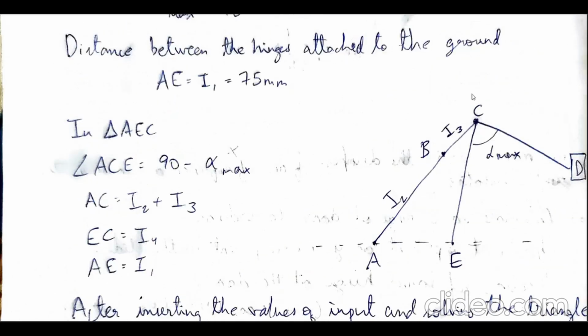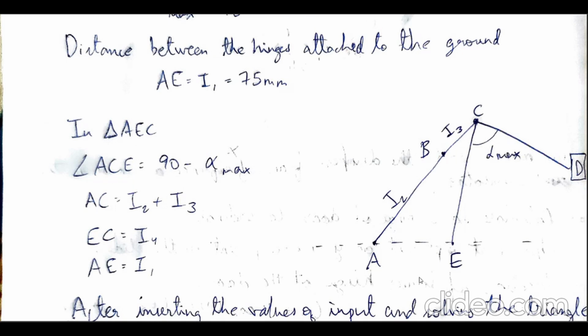Now, this is our first dead center configuration, due to which the alpha here becomes alpha max, and these points A, B, and C become collinear, making it a straight line. From this, we can see that angle AEC is 90 minus alpha max.